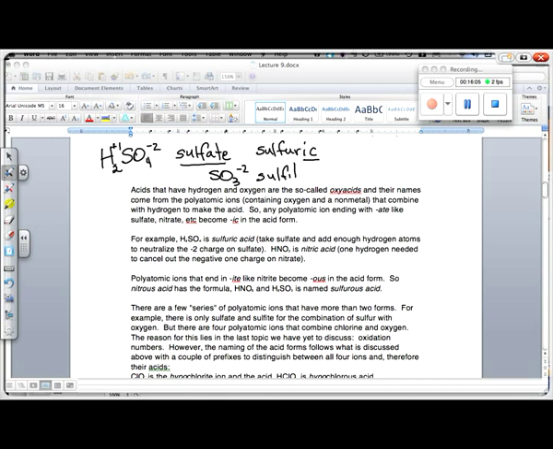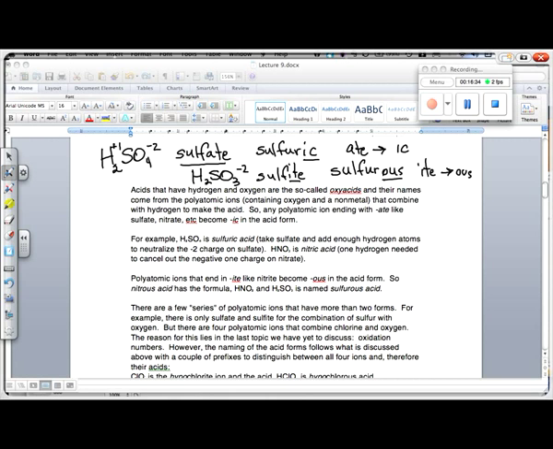Sulfite, SO3, with a -2 charge. How many hydrogens do we need? 2 again to balance it out. So when you make sulfite into an acid, the ite ending becomes an ous acid. So sulfurous. Okay? So ate becomes ic, and ite becomes ous in the acid name. So here's another one.